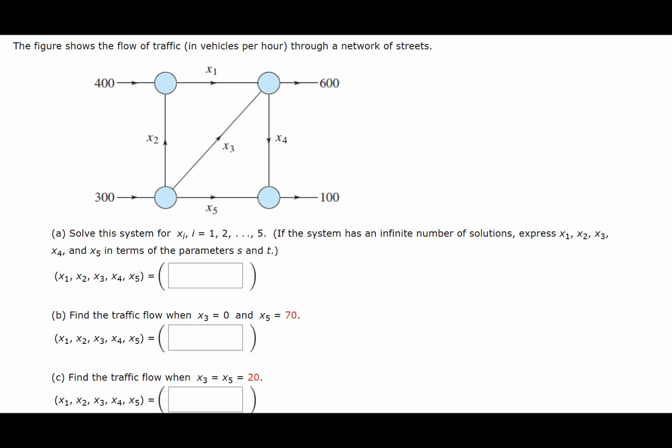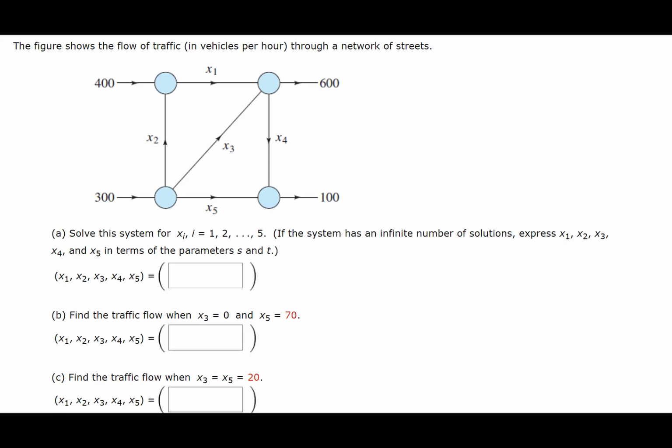If the in was more than the out, that means you have vehicles building up at that intersection, which doesn't really make sense unless there's a car pile up. And if you have more cars going out of the intersection than going in, then that doesn't really make sense. It's like cars are being created inside of the intersection. So the amount of cars going in and out need to be the same.